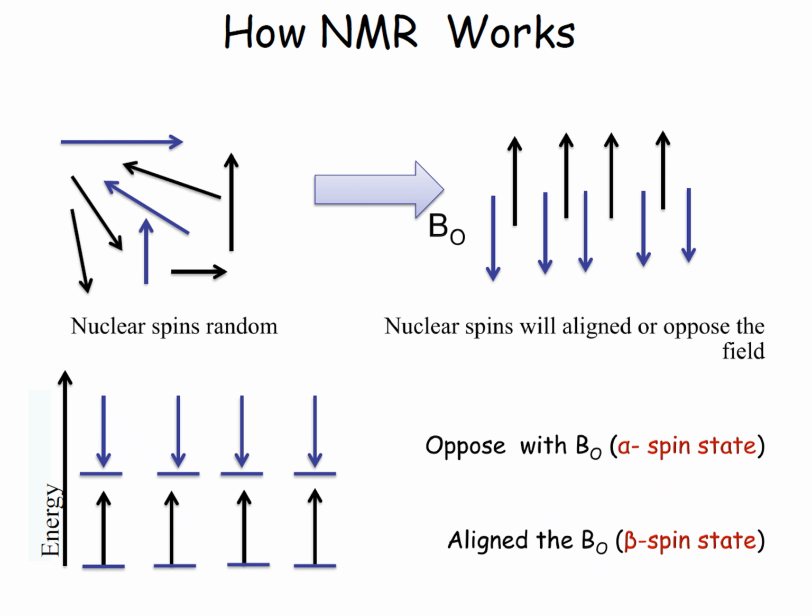Actually, how NMR works, you can see here. First of all, nuclear spins are random. In any sample, spins are usually in random places or random directions. But whenever an applied field is given, they arrange themselves aligned with or opposite to the field. When they are opposed to the applied field, that is called the alpha spin state, and when they are aligned with the applied field, it is the beta spin state.